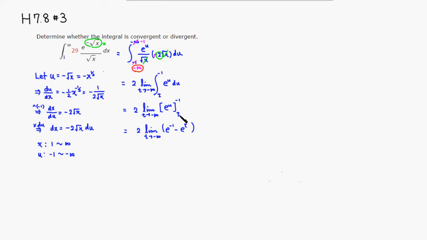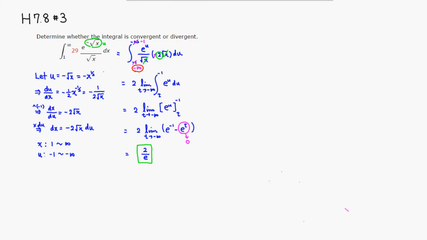As t approaches negative infinity, the exponential function is going to approach 0, because e to the negative infinity is 1 over e to the infinity, so it approaches 0. So what we get is 2 times e to the negative 1 power, which we can write as 2 over e. So this is the value of the improper integral.